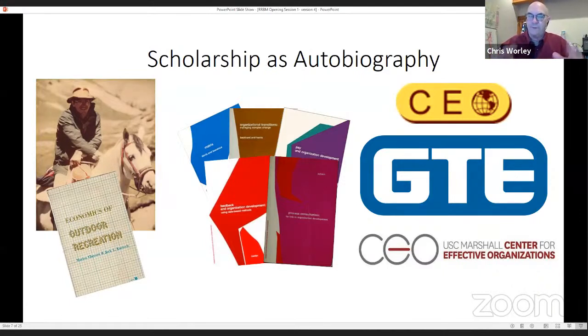And I went from that undergraduate experience to Colorado State, where I have a master's degree in outdoor recreation. That was my first master's degree. And this is a picture of me on my horse when I was working for the Forest Service.